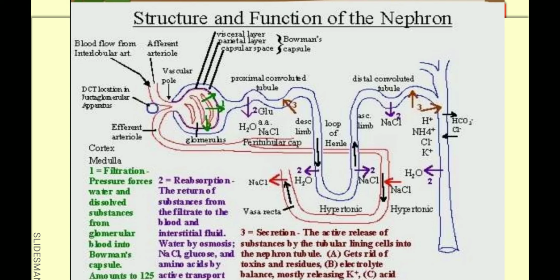This is the active release of substances by the tubular lining cells into the nephron tubule. So it gets rid of toxins and residues, and maintains electrolyte balance, mostly releasing potassium, and acid-base balance by releasing H ions and NH4 ions.